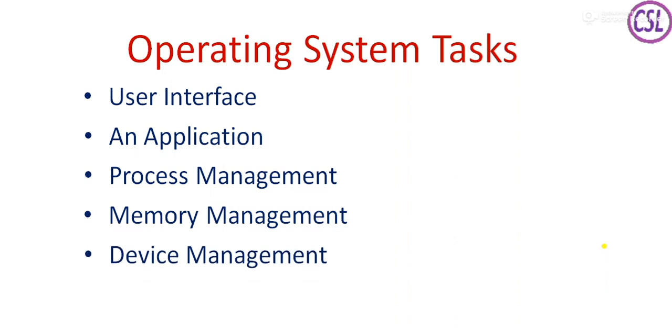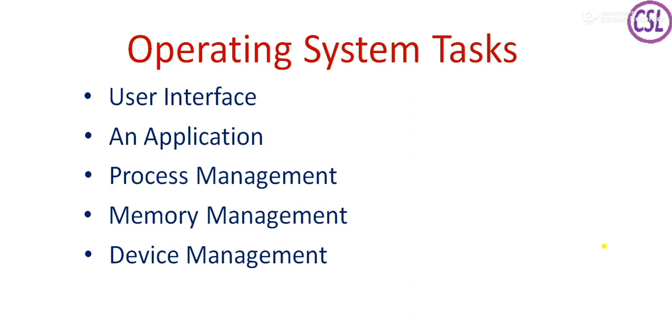And device management. For a computer system there are so many devices attached, even though it is a personal computer or the computer used in any office. So different devices are connected. Printer is connected, scanner is connected, speakers are connected, mic is connected. Like that there are so many devices connected, and user programs running in the operating system need different device services.